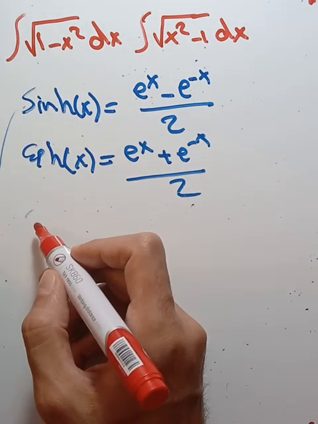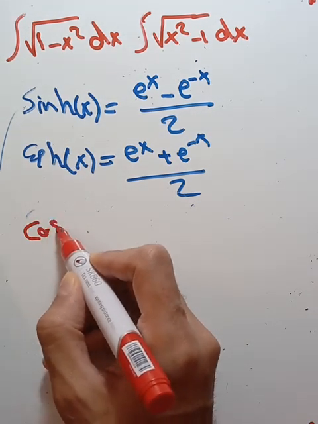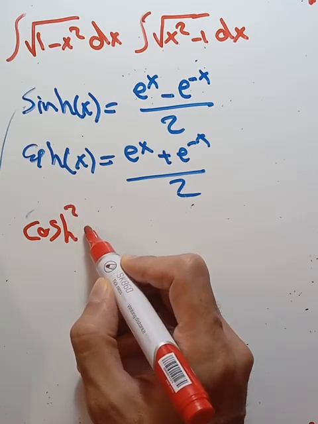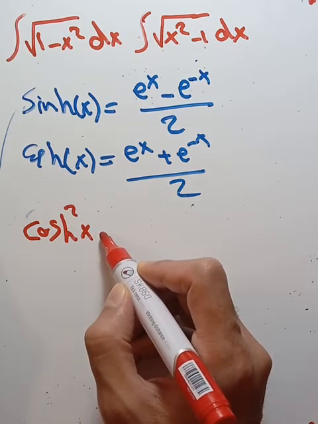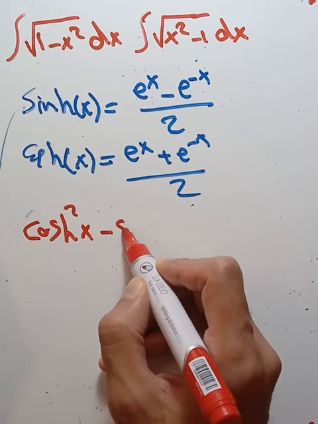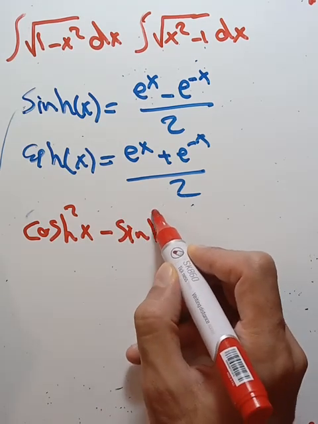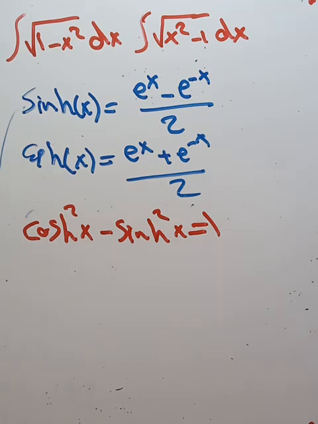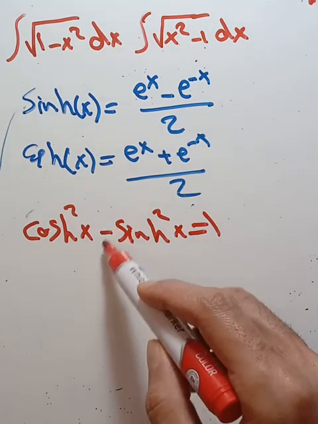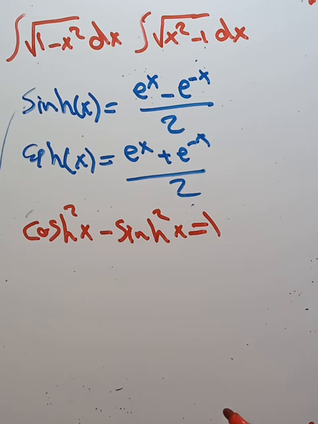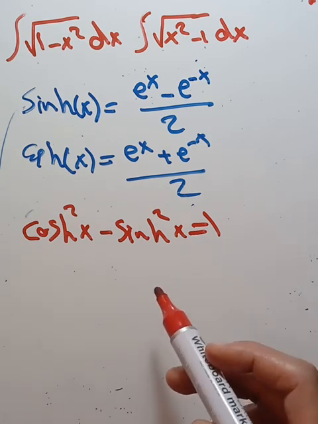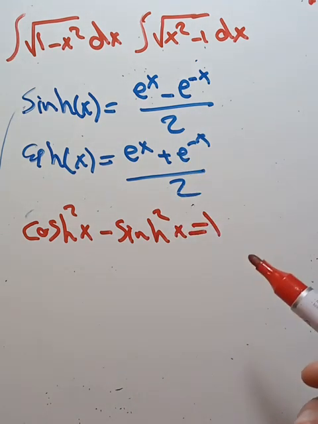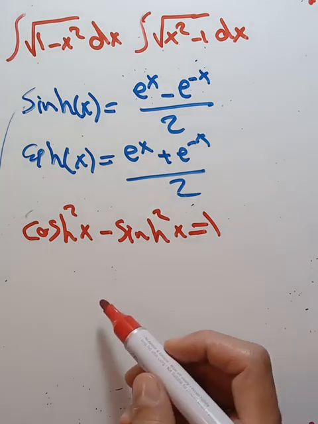As I said at first, this relation exists: cosine hyperbolic squared minus sine hyperbolic squared of x equals 1. But in sine and cosine, this would be plus. And you actually can prove it. It's easy, I'm not going to do it.